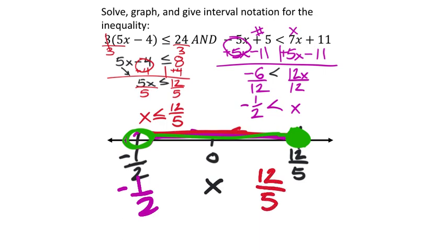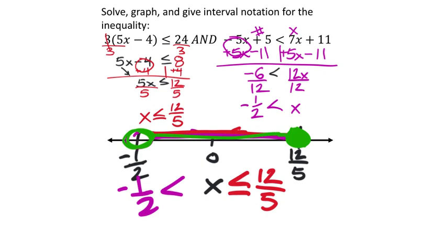So it needs to be greater than negative 1/2, but also less than or equal to 12/5. How do we know it's less than or equal to? Because it's a closed circle at 12/5. And why is negative 1/2 less than x? Because we know it's an open circle right there from the graph. So that's the actual inequality we would need for a problem like this one.